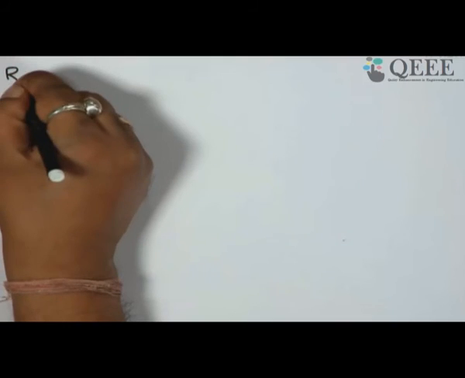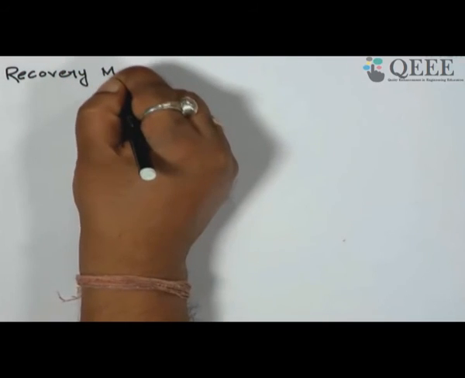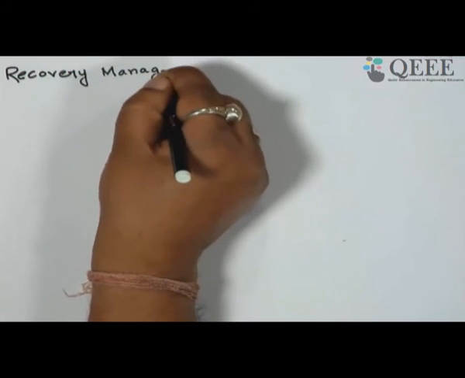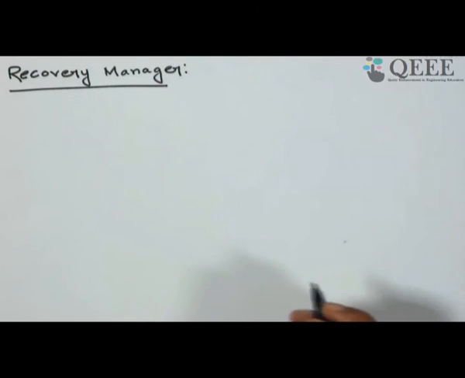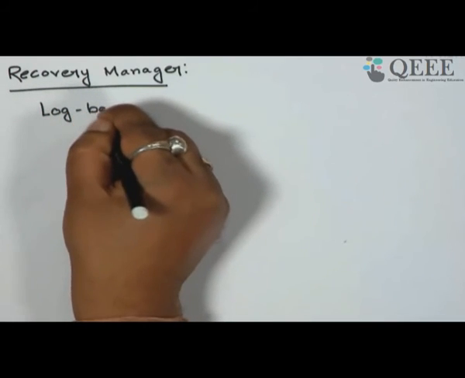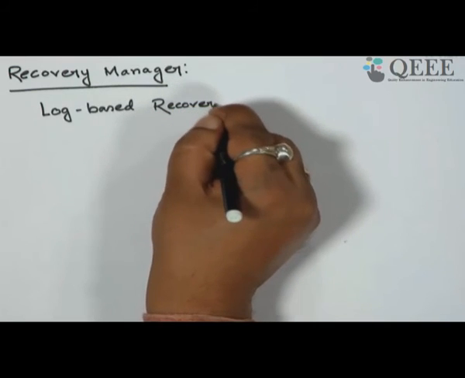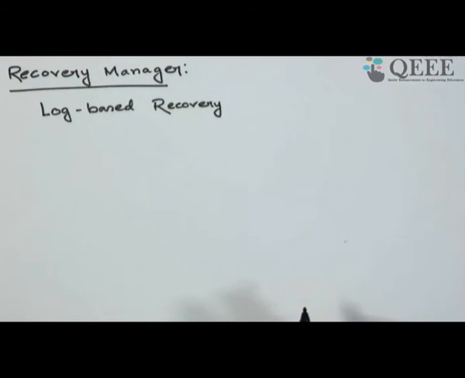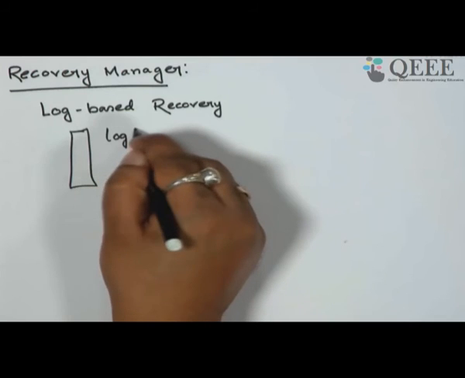Finally, I'll tell you about the recovery manager. In case of failure, what happens? The most common method is what is called log-based recovery. Whatever change you want to make to the database, you first write to a log file.